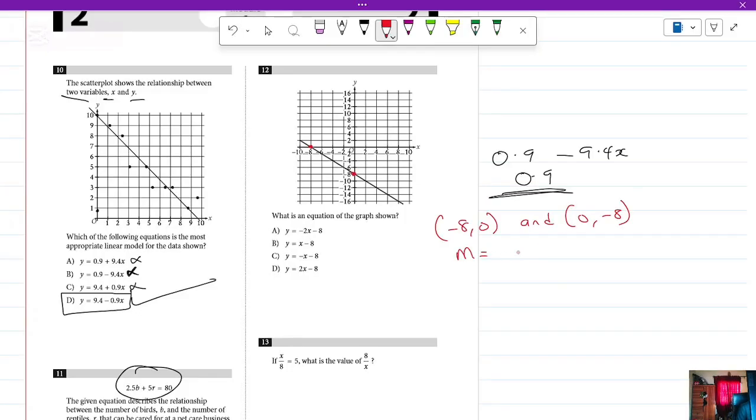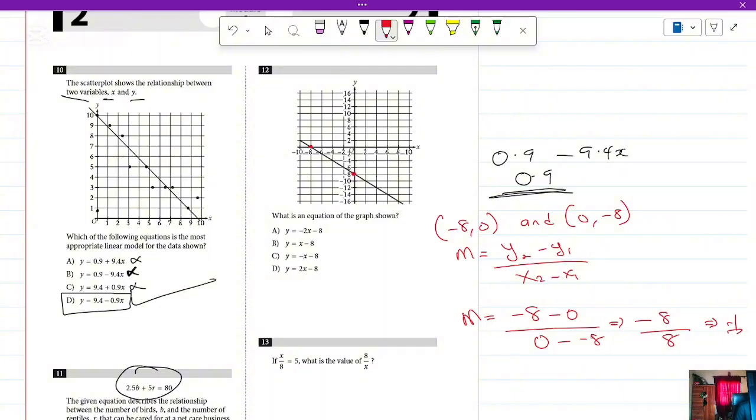Remember that m is y2 minus y1 over x2 minus x1. So your y2 is minus 8, your y1 is 0, your x2 is 0, while your x1 is minus 8. So in that case you have minus 8 over 8.